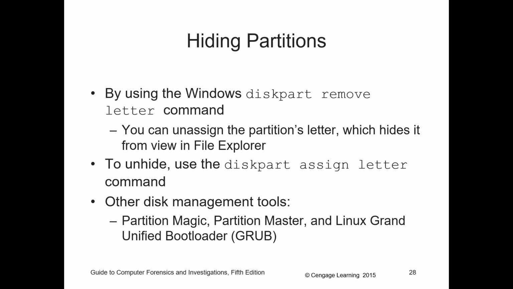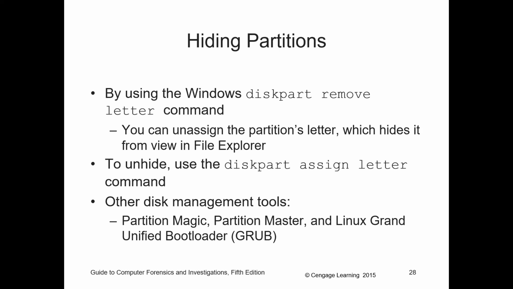It is a hidden partition by just removing the drive letter, which is either C, D, or E, whichever letter it is. To unhide it, they're saying you can unassign the partition letter, which hides it, by clicking view within the file explorer.